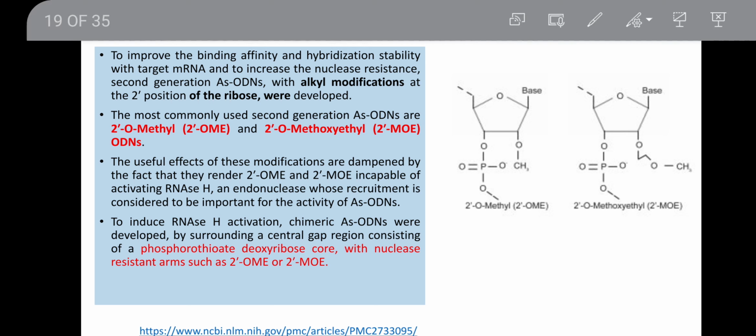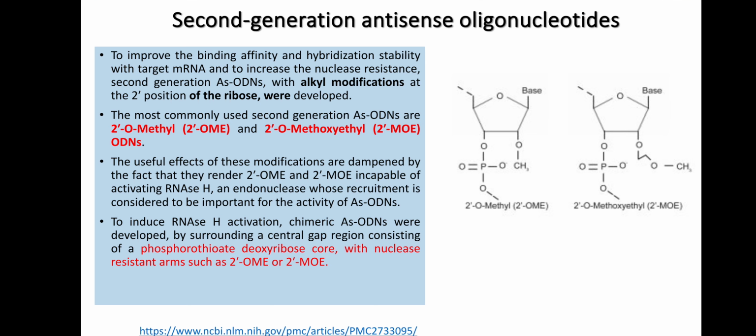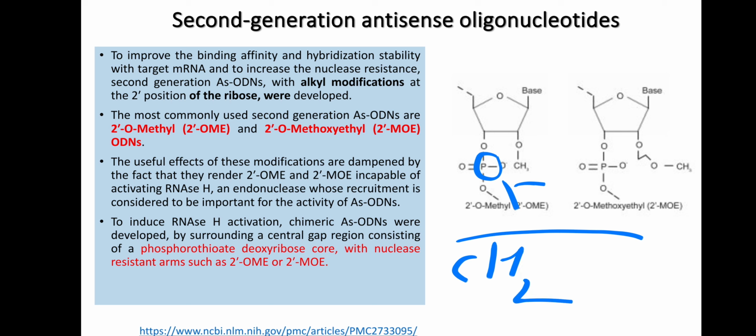So now we are going to discuss the second generation. What is the change in the second generation? What is the important objective? In the first generation, the change was the sulfur group, which replaced oxygen. In the next generation, the change is adding CH3 at the OH region.